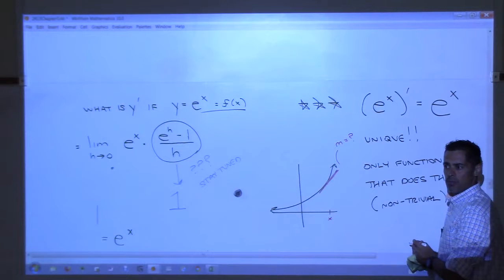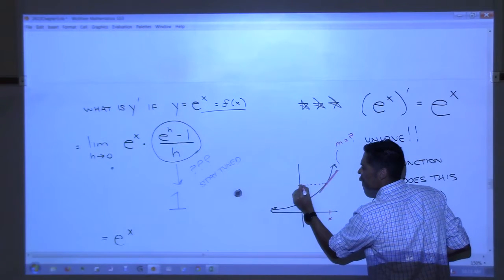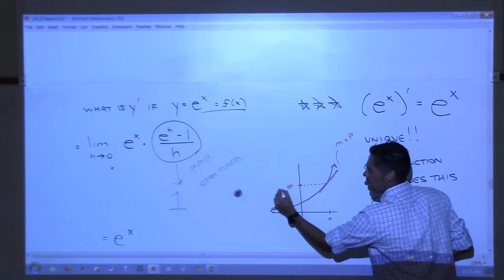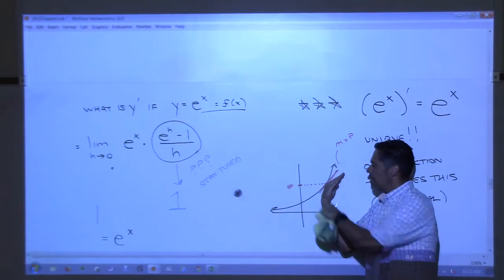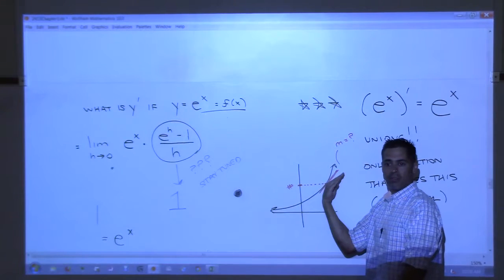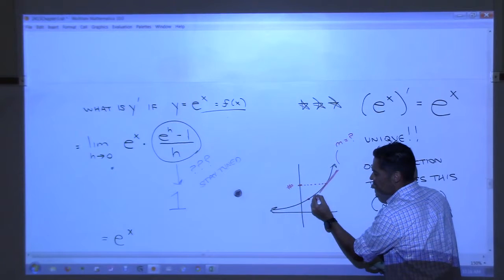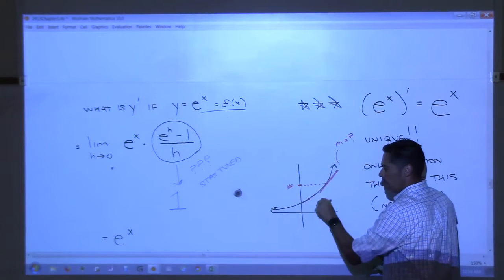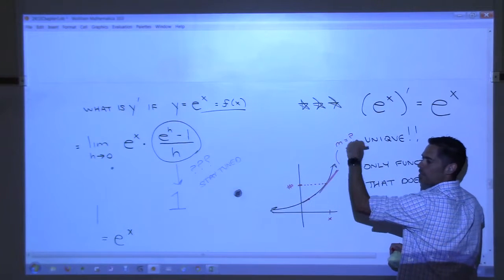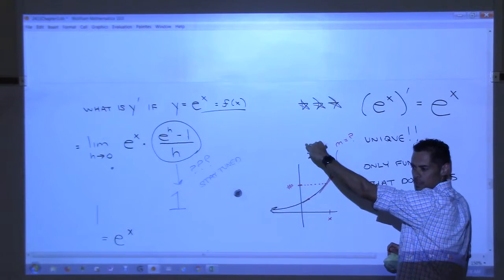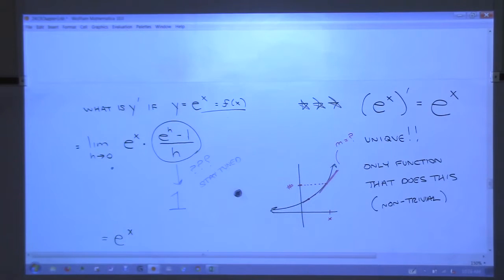That's what it will be equal to, right? But e to the x is that number right there. Isn't that e to the x? So the slope of this line is actually the height of the point. So if I go here, the slope of the line is not going to be as much, right? Because the point's not as high. The further out I go, the steeper it gets because the higher the point is. Yes? Only one function does that. This is it.